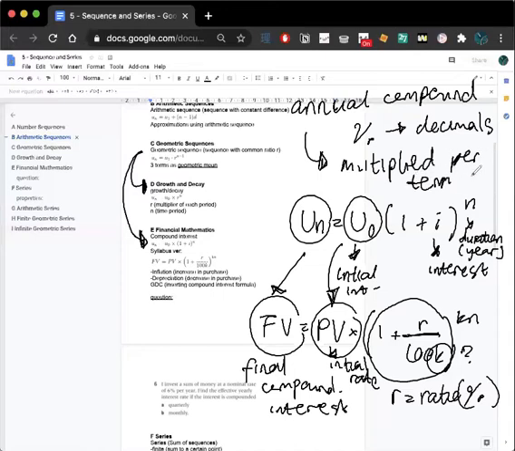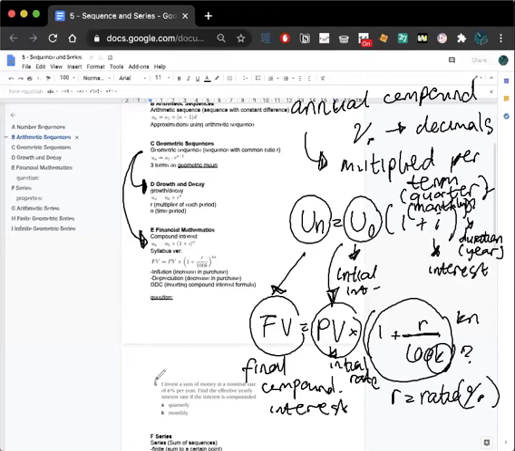Examples of this would be quarterly, or for example, monthly compound interest, but they expect you to find the results yearly.